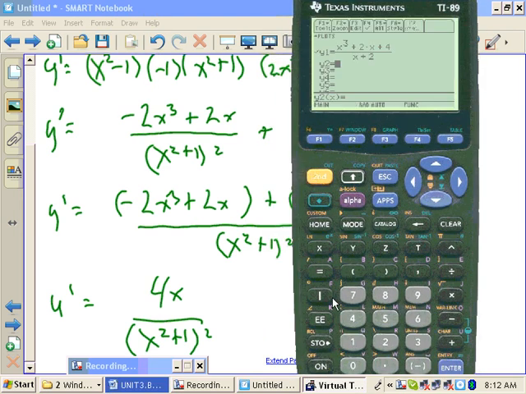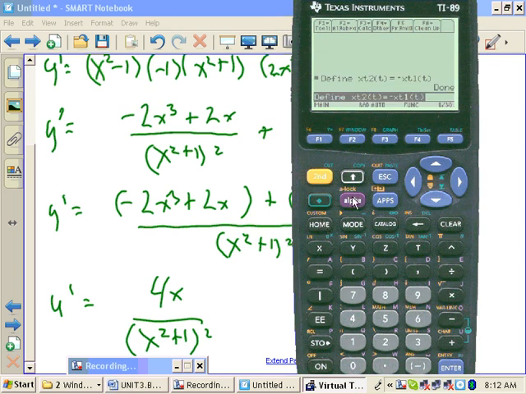Like, for example, what if I wanted to do (x plus h) to the fifth? Here's alpha h. Is that h? I can't see it from here. All right, to the fifth.